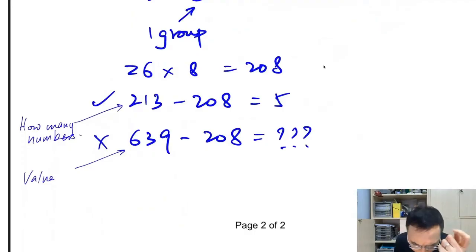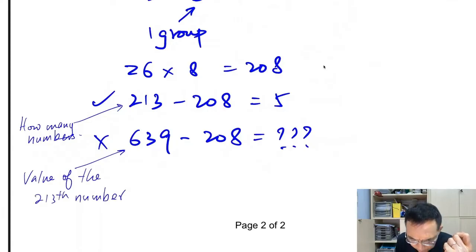So 639 is the value of the 213th number. Do you all understand the difference between these two things? 213 is how many numbers I have. 639 is the value of that 213th number.